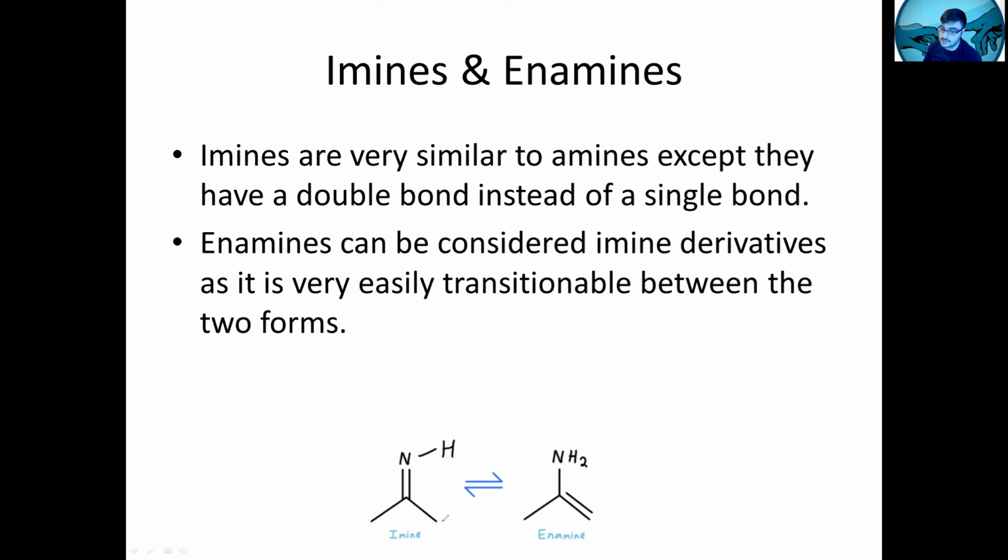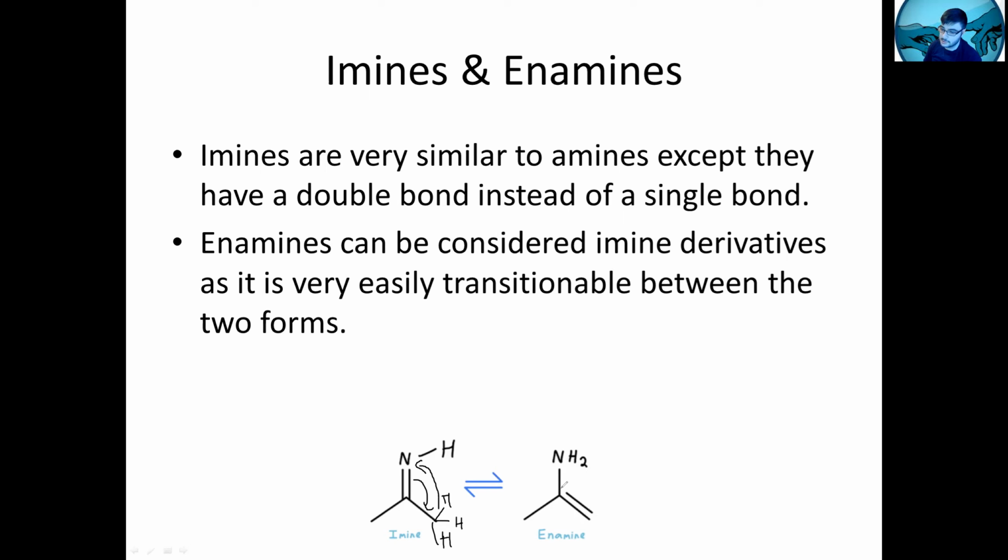The reason for that is if you actually draw it out fully, this carbon atom has 3 hydrogens on it, like this, right? So what you can do is take this double bond, move it here, and then take one of the hydrogens and move it here, and then you'll get this NH2, the single bond, and then a double bond here on this adjacent carbon.